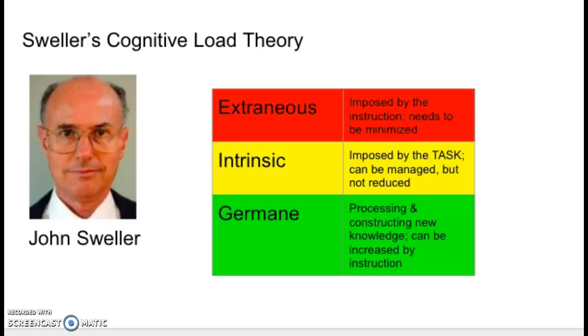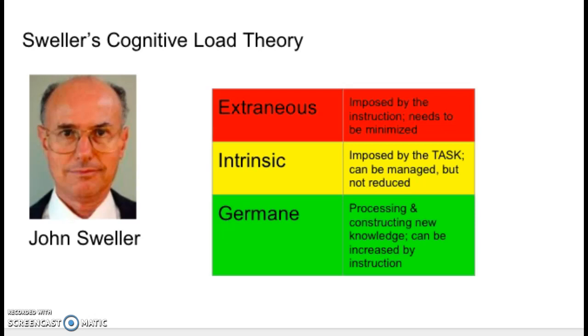And finally, our last little caveat to our instructional designs is taking a look at Australian John Sweller's theory of cognitive load. Sweller's research looked at factors that affect the effectiveness of our instructional designs, and he developed a theory of cognitive load to discuss the stresses that are put on a learner's working memory as they learn.